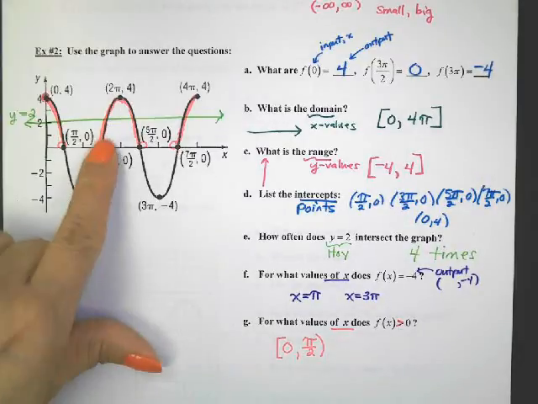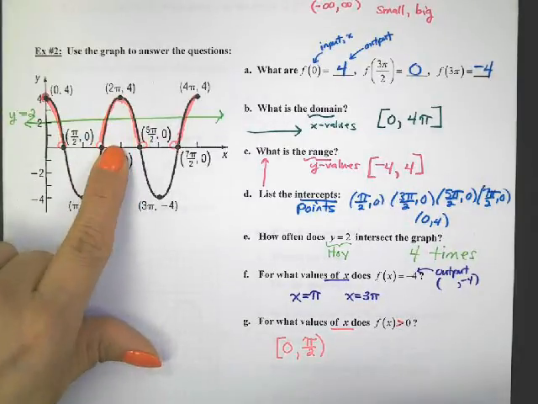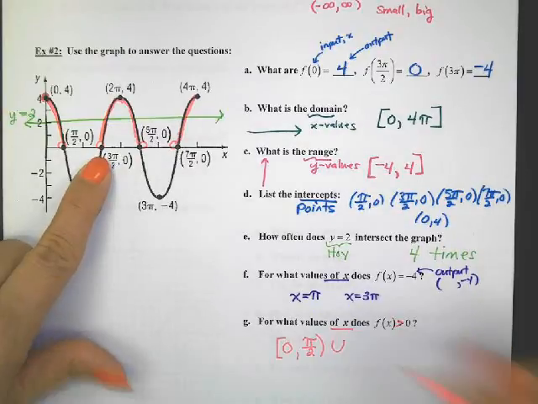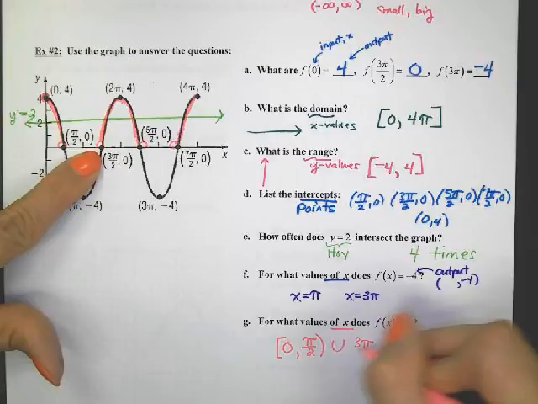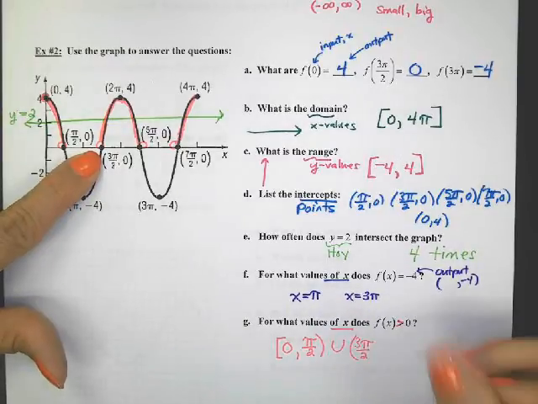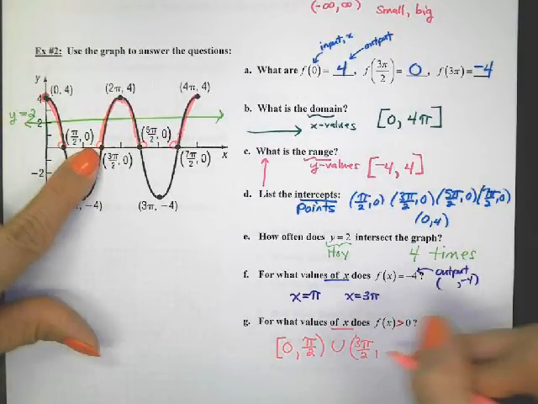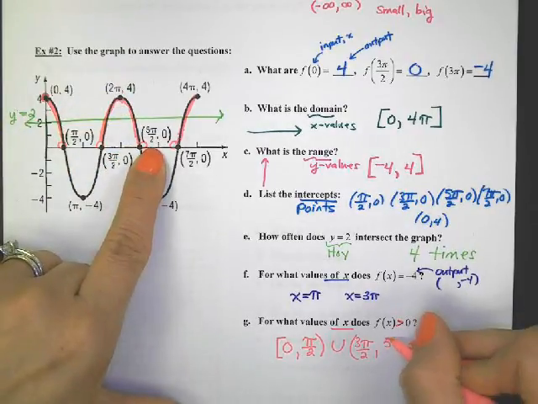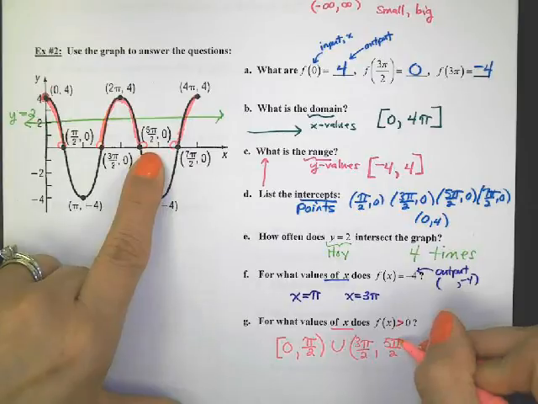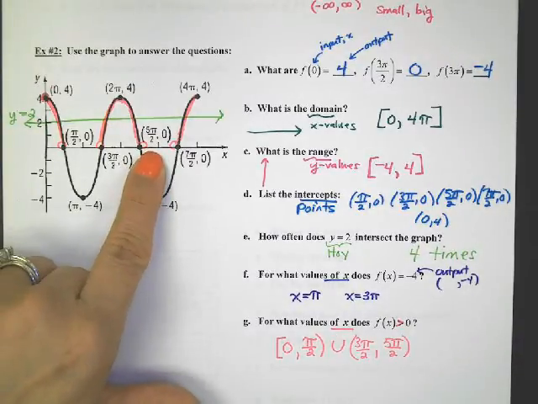Okay, but that's not it. Here's another piece that's more than 0. So say union. Let's start right there on the small end: 3 pi over 2 with parentheses because that's an open bubble. And it goes all the way until what x value? 5 pi over 2, and that's another open bubble.